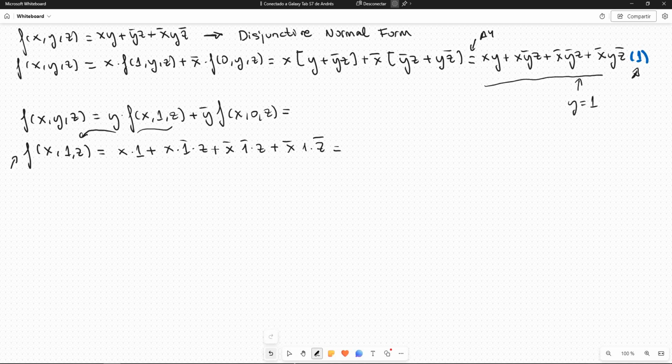Okay? So here 1 complemented is 0, so something multiplied by 0 is 0. Here we have 1 complemented, so it's 0. Something multiplied by 0 is 0. So this is a 1, and this is a 1, so this term remains the same. So here we have y multiplying this.